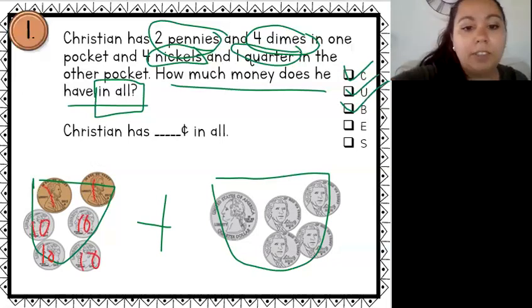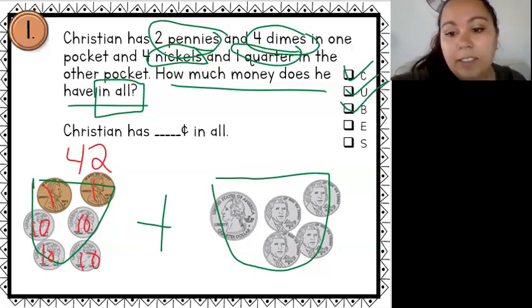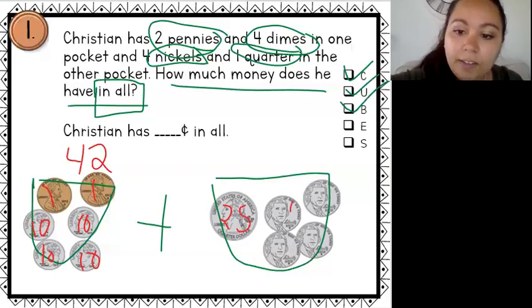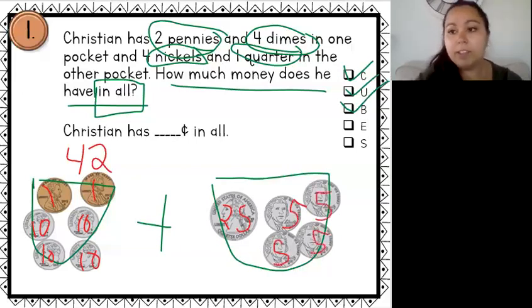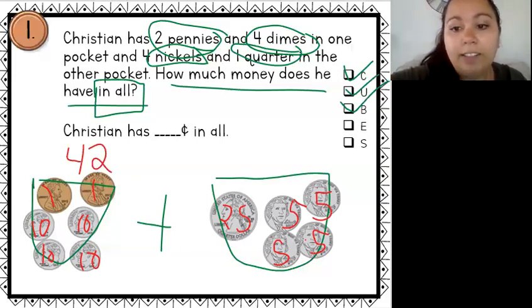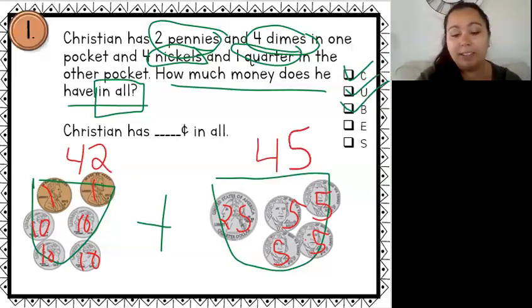So we're adding 42, plus 25 for our quarter, and a nickel is 5. Another 5, another 5, another 5. So 25, counting by 5s: 25, 30, 35, 40, 45. That's 45.